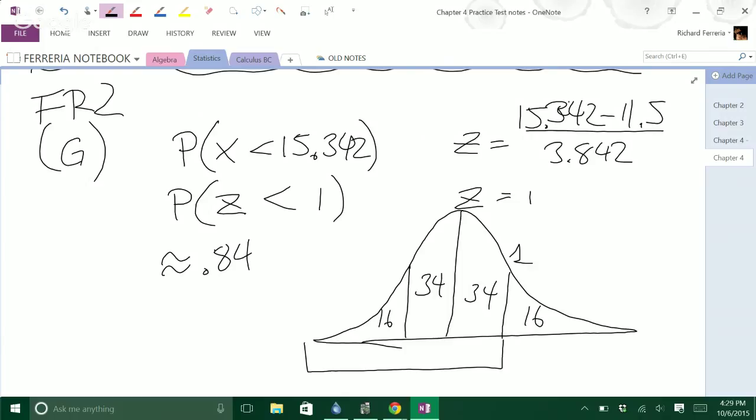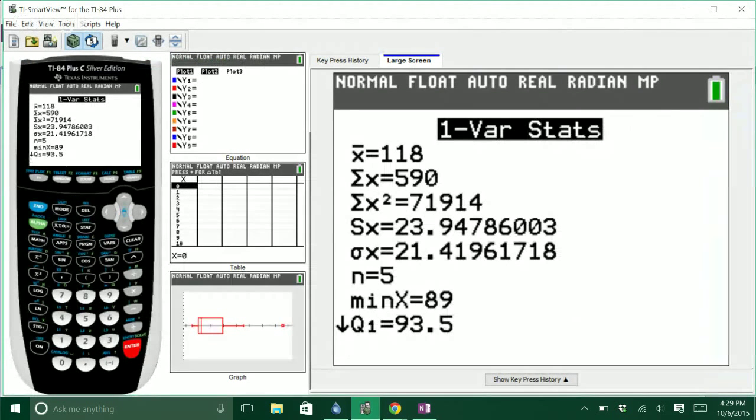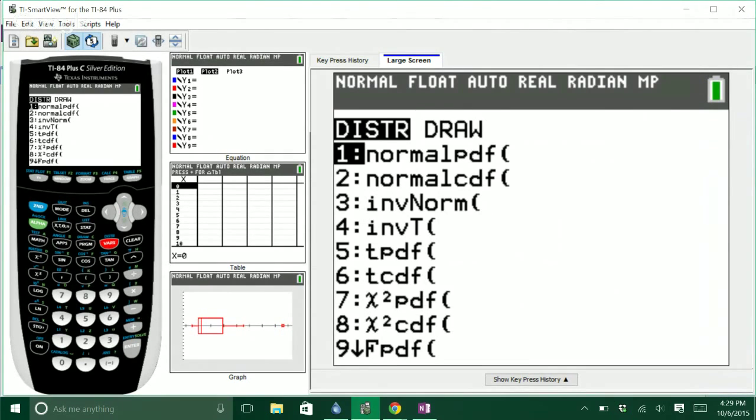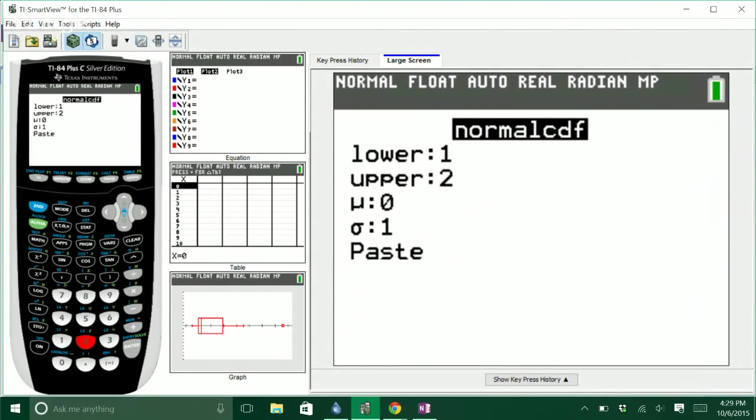We can also put this in the calculator. How would you do that? Where's my calculator? There we go. You go to distribution, Norm CDF, number 2. Lower is negative infinity.